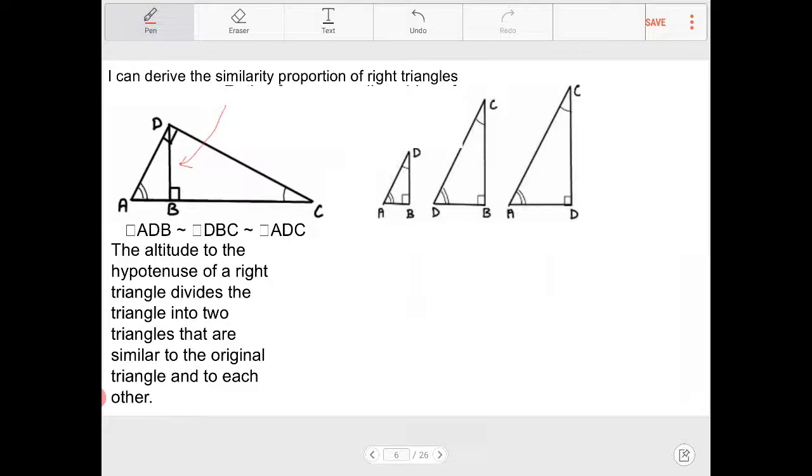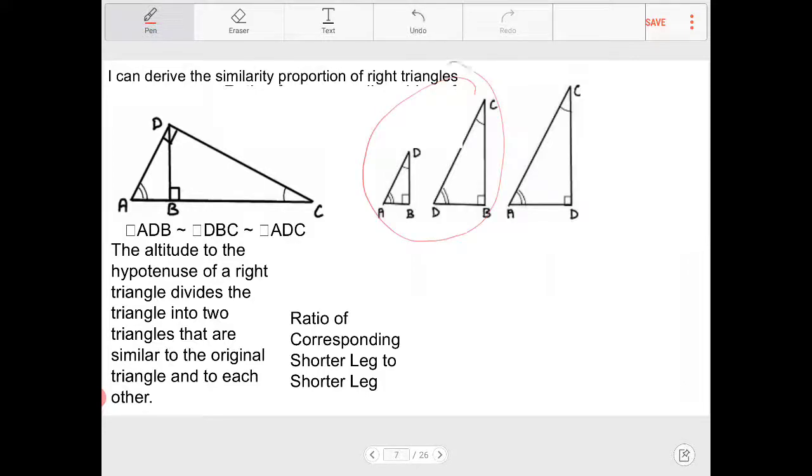Because all three triangles are similar, we can create ratios based on the corresponding sides. So I'm going to compare the shorter leg to shorter leg between these two triangles, and then do it again for these two triangles.